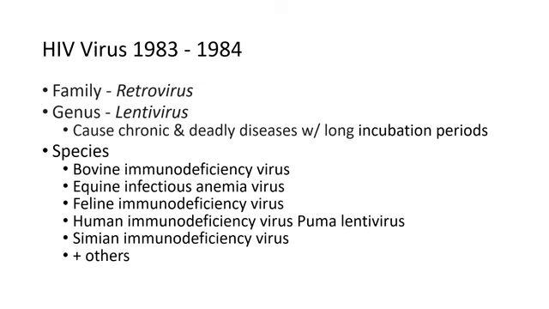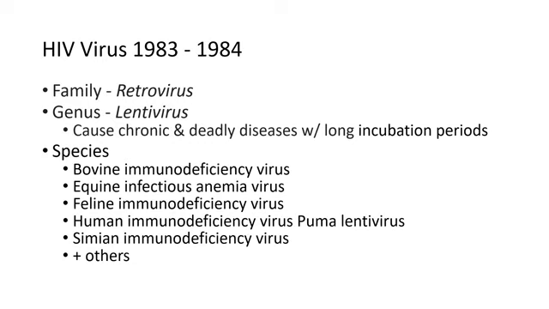So what is HIV? HIV was, as I mentioned, discovered and identified in 1983 and 1984. It comes from the virus family retrovirus, the genus lentivirus, and that particular genus causes chronic and deadly diseases with very long incubation periods, and you'll see that this is important in HIV as well.